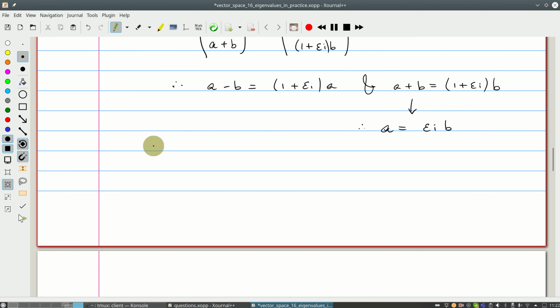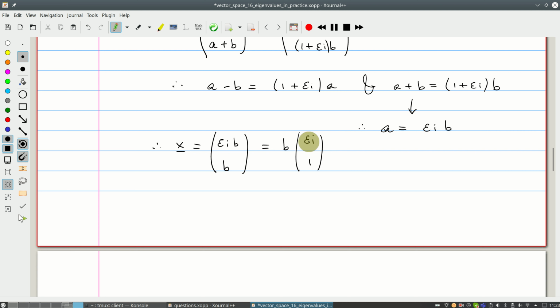Okay, so what does that tell us then? Therefore, X is of the form, if I choose b to be something, then a will be epsilon i times b. Or we can pull the b out, and a 1 there. Now there are two of these X's. Remember, epsilon can be +1 or -1.